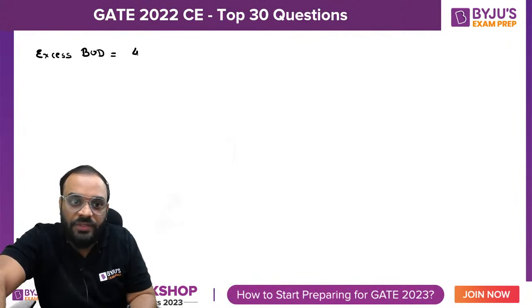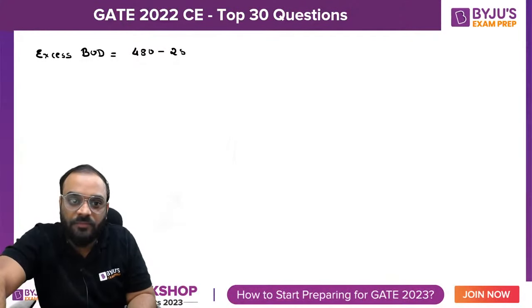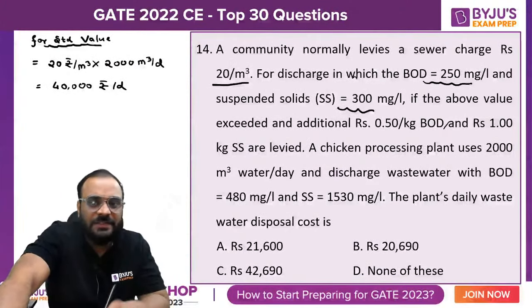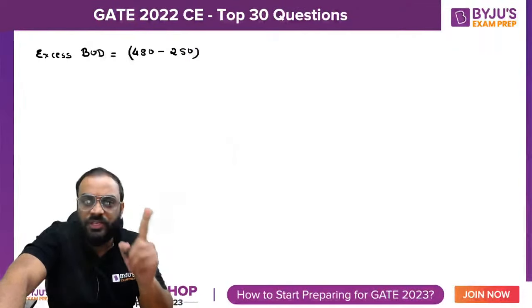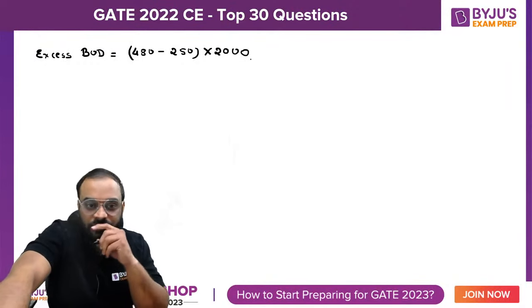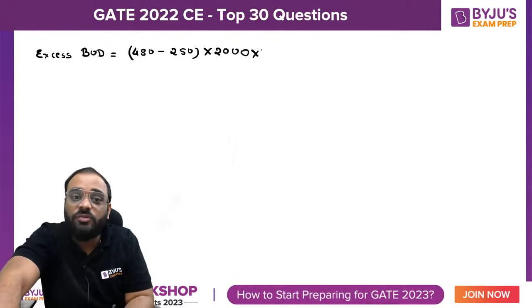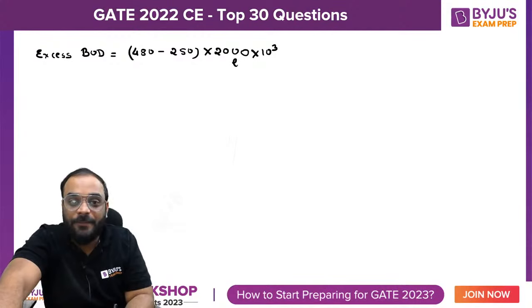Our value is 480 and the permissible is 250. But these values are given in milligram per liter and the rate is given in terms of 0.5 rupees per kg. So we need to convert this value to kg by multiplying by the discharge. How much discharge are we treating? 2000, but this 2000 is in meter cube, so we need to multiply with 10 raised to power 3, converting it into liter per day.